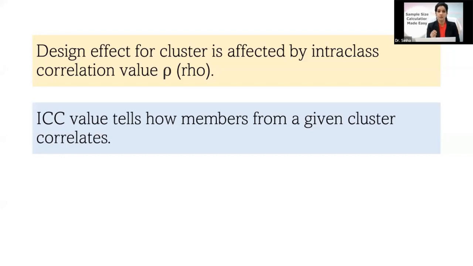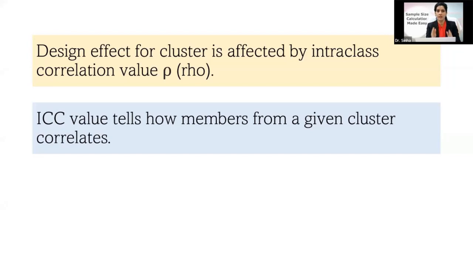And it also depends on the between-cluster variation. So there are two variations, within cluster and between cluster. We will deal with these concepts in detail in randomized control trial. I'm just touching this concept here because these options are there in the calculator, which we will show you.